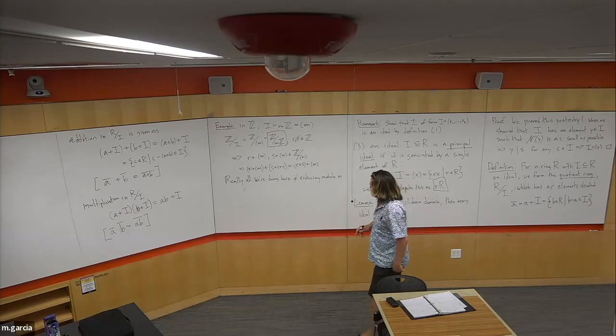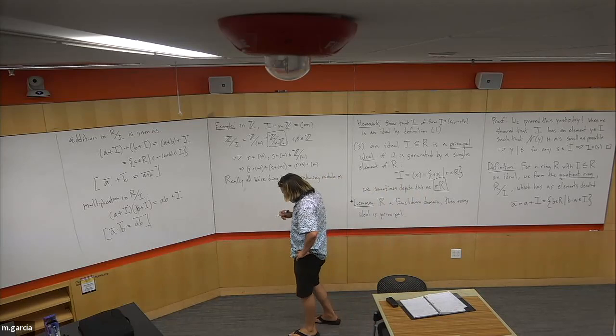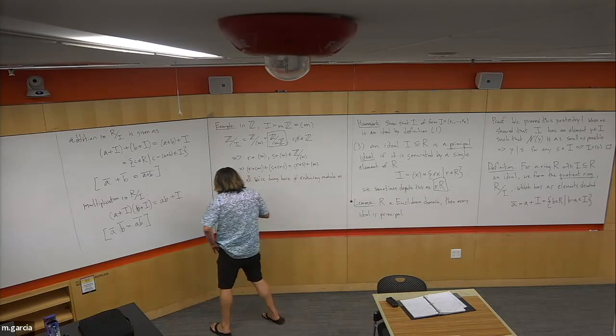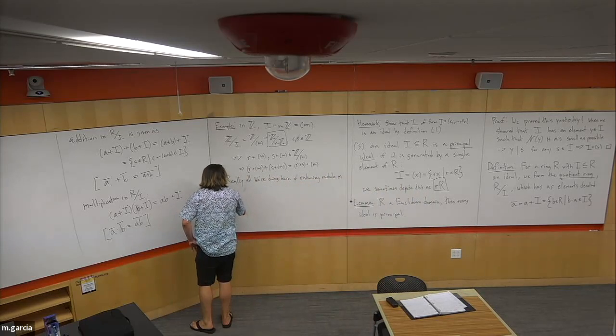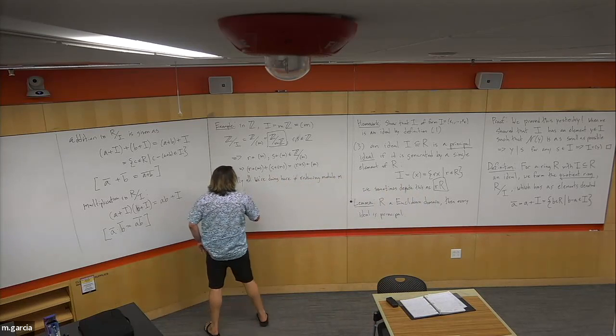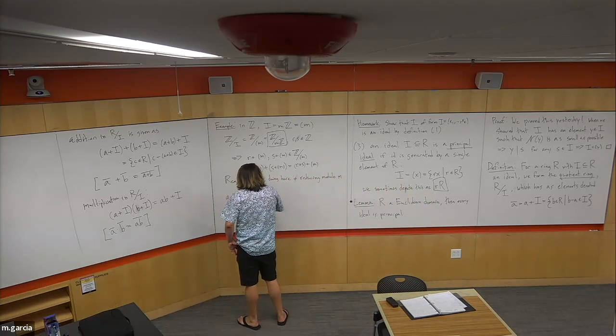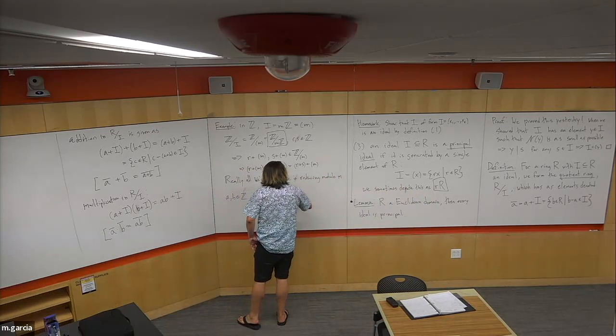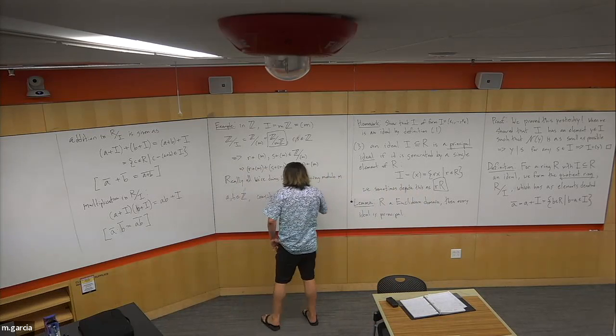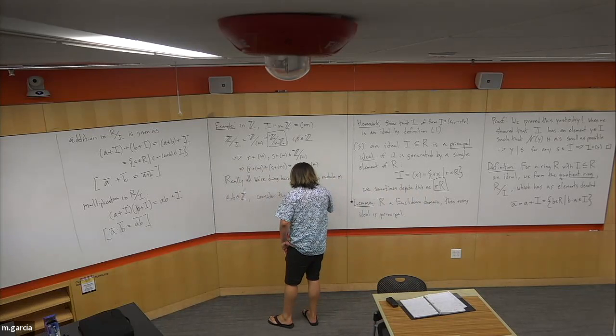Let me ask you a question. What if I take A and B integers and consider the ideal generated by A and B?